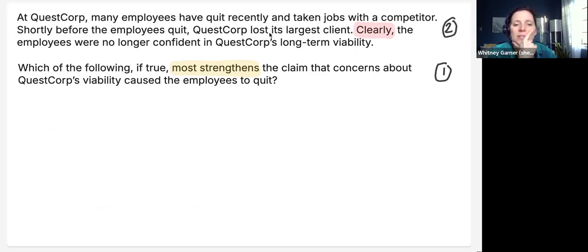Okay, I've got a guess. Any other? I have one person that's like, there could be other causes. Like what? What other causes besides lack of confidence? Is there anything else?